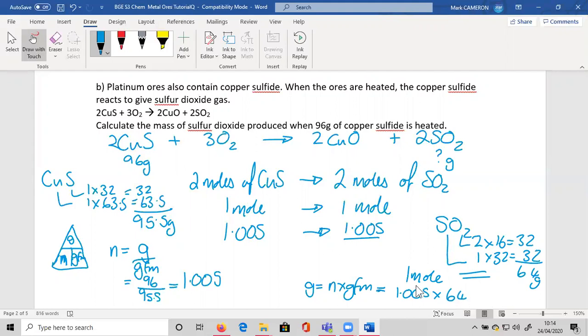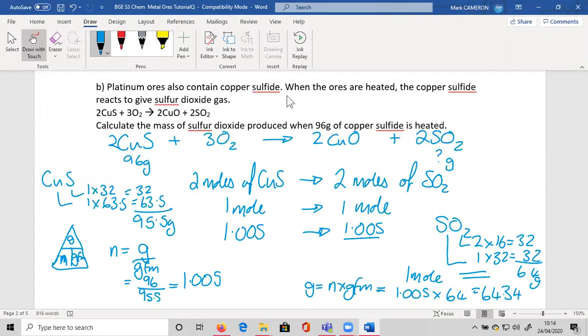Now I'm going to keep my long number in my calculator, 1.00523566021, and multiply that by 64, which makes my answer the most accurate I can get, which is 64.335. So I'm going to make it 64.34.